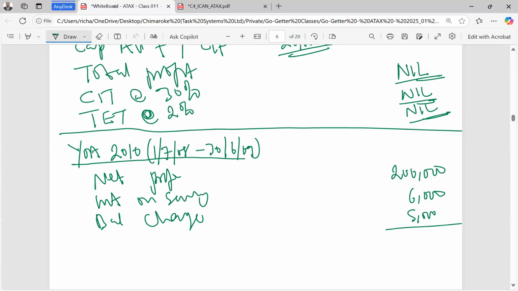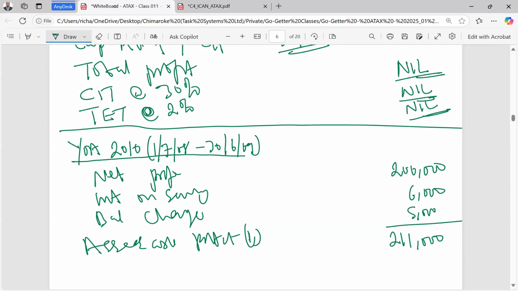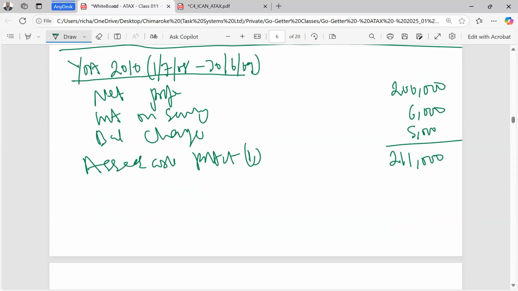You add them up together, this is 211,000. So this is your accessible profit 1. There's a reason why I'm making this 1, because I'm going to make reference to it.